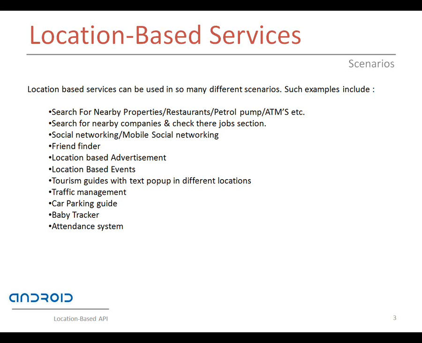Next example is social networking, public mobile social networking. Nowadays, Foursquare and Facebook check-ins are very popular. Facebook integrated this LBS feature around 1.5 years ago, and after that their popularity increased to a large extent.